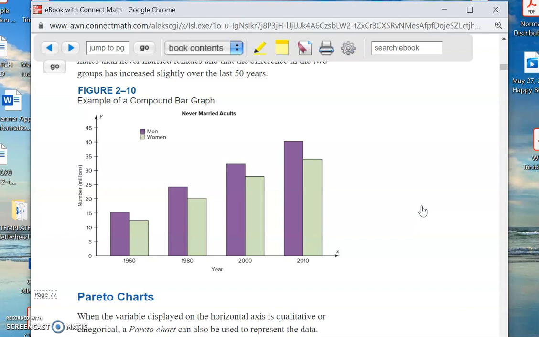I don't know if this is true or not, but as an example, it could be that the percentage, the relative frequency, the proportion, those are all terms that basically mean the same thing, of people that have never been married is exactly the same from the year 1960 to the year 2010. For all I know, it's 10% of the population.